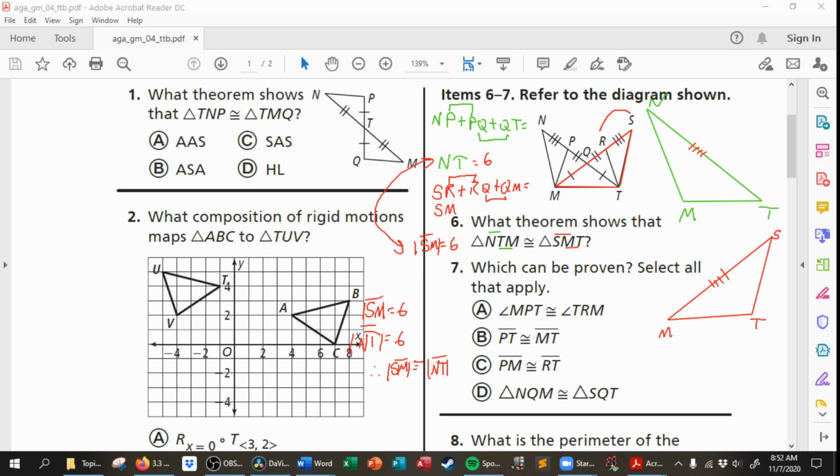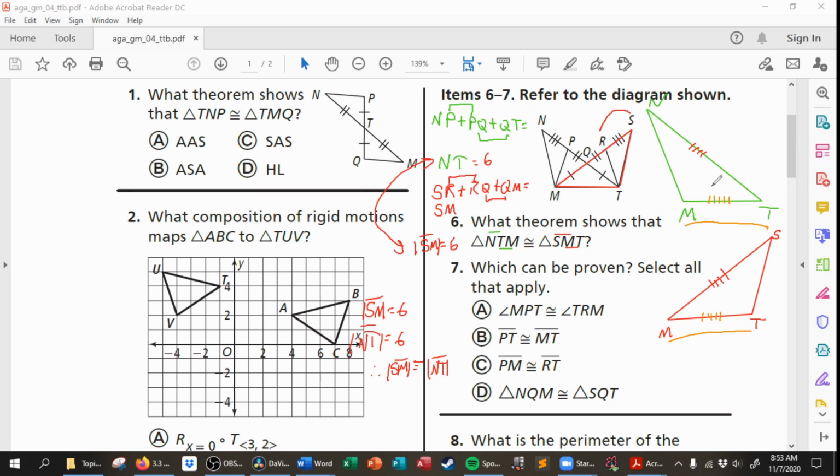I've already used green. Let's go this color. So here I have MT. Here I have MT. Those are automatically congruent to each other because they're the exact same line. So now I can put 5 tick marks here and here.